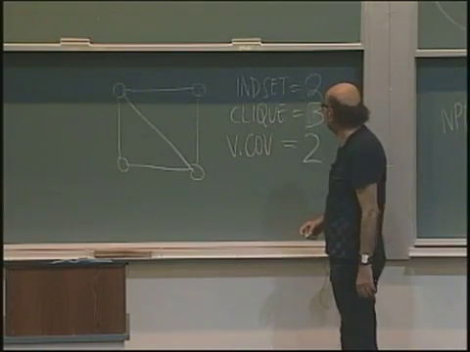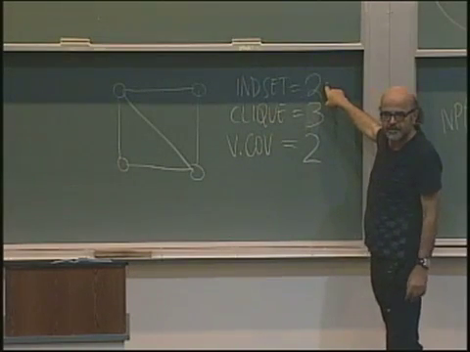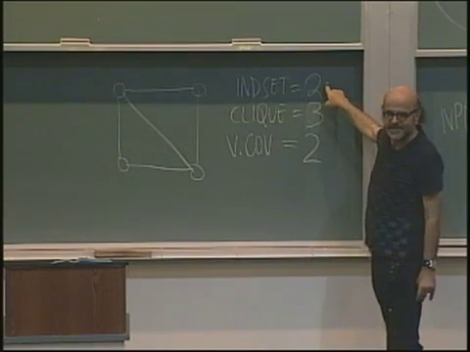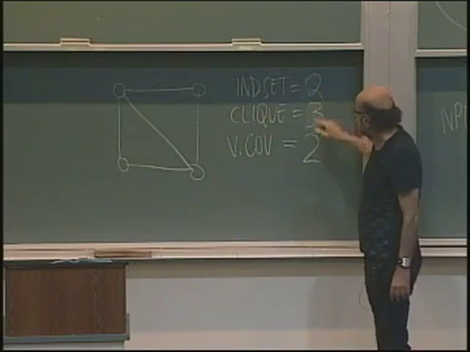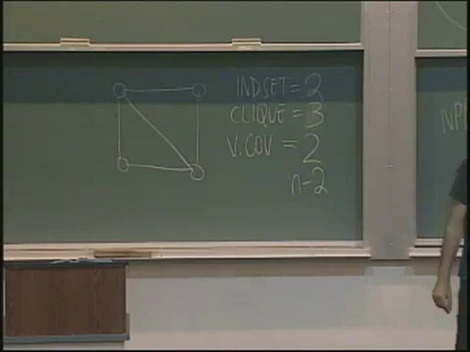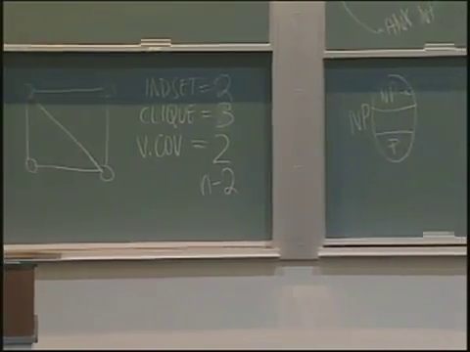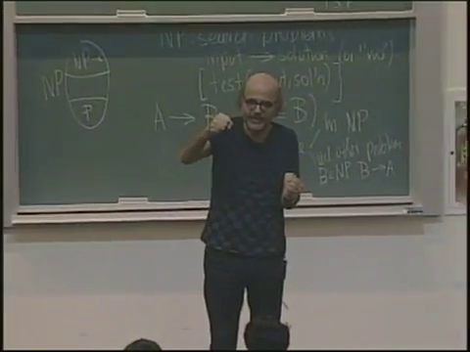Actually, do you notice anything? It's the same or something else? It's n minus 2. Yes, exactly. Get it? A vertex cover. Visualize a vertex cover. What are the other nodes?